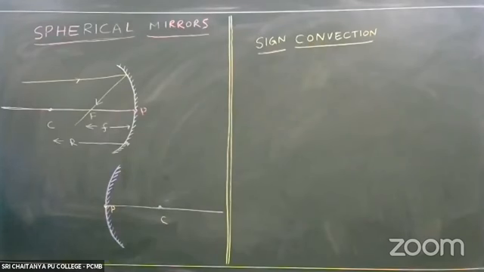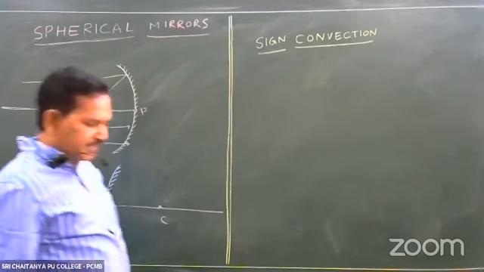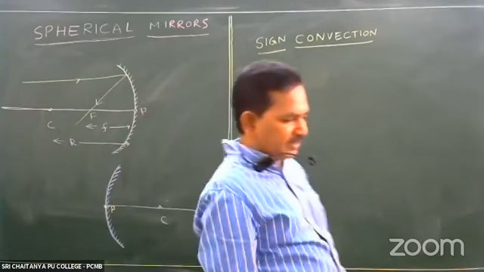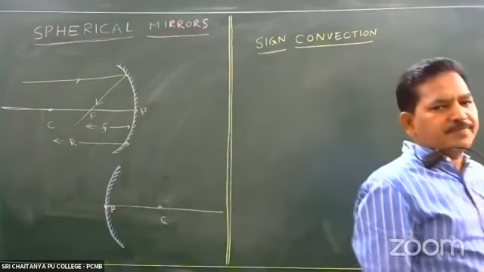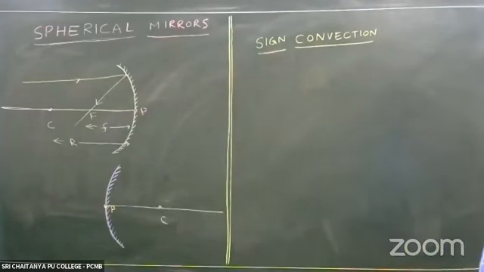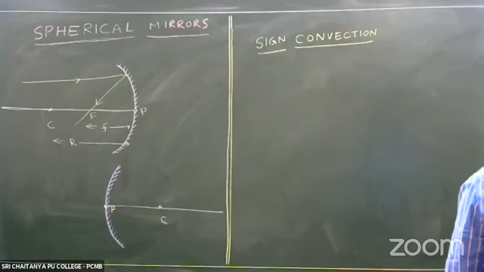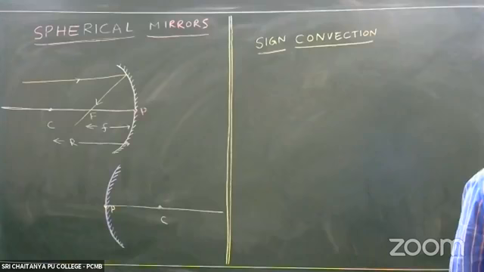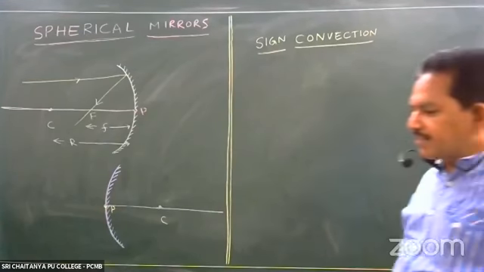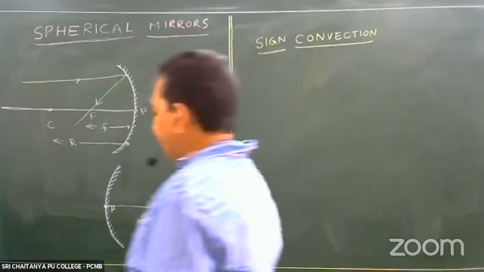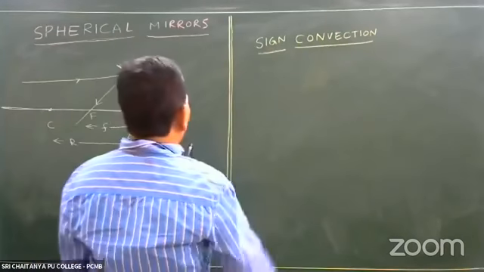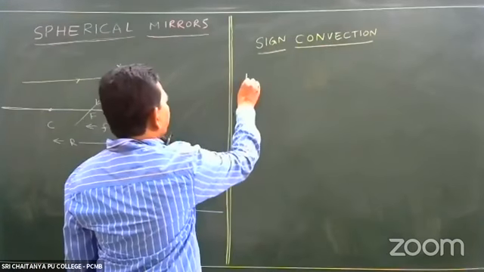Now, sign convention in case of the spherical mirror. Sometimes we will take positive sign for some distances, and for some distances, for calculation purpose, we will take negative sign. So what is the sign convention in the case of the spherical mirror, either convex or concave?